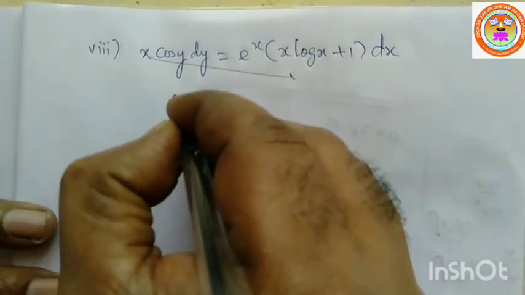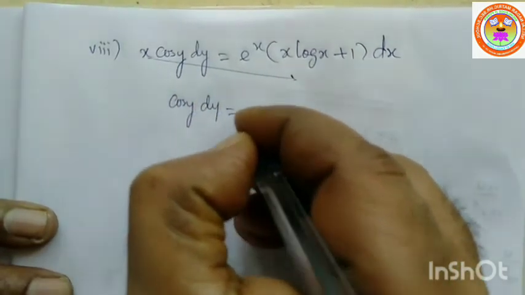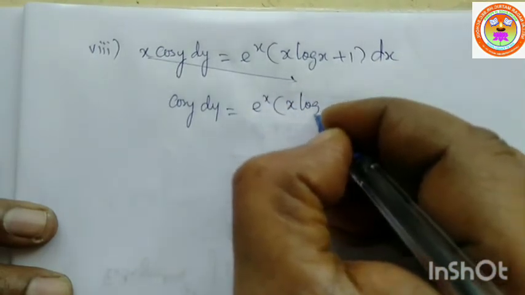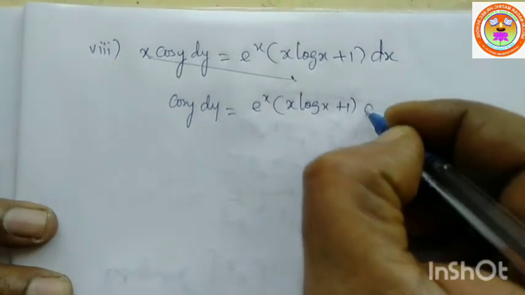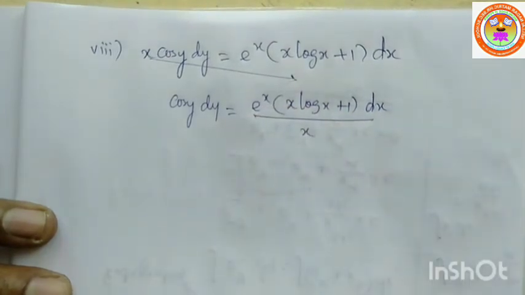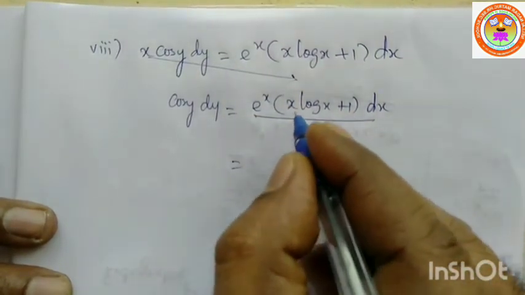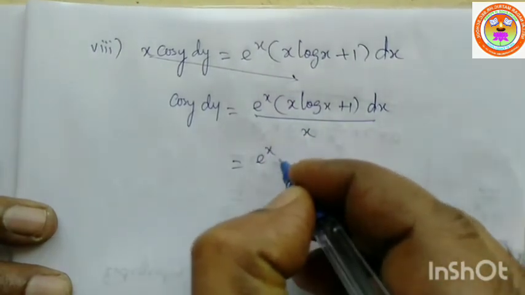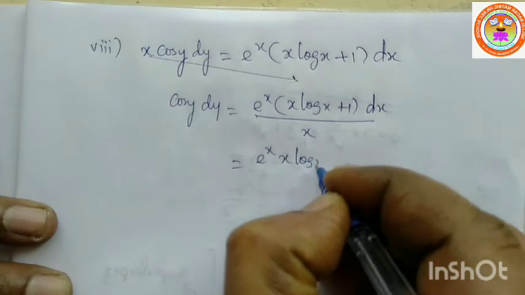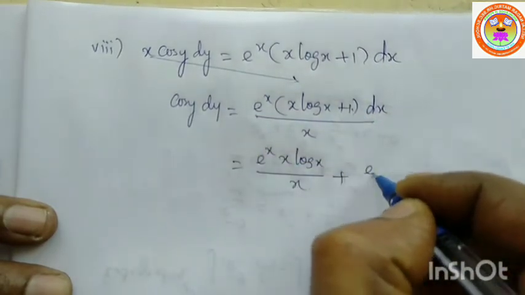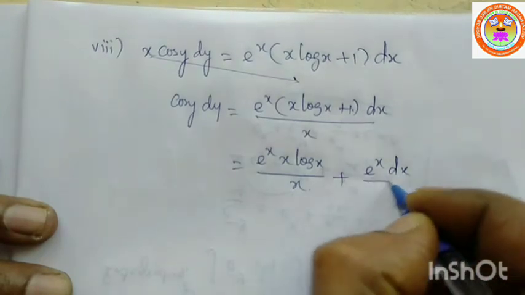So cos y into dy is equal to e power x into x log x plus 1 into dx divided by x. When we divide each term by x, we get e power x, x log x by x plus e power x into 1, that is e power x into dx by x.